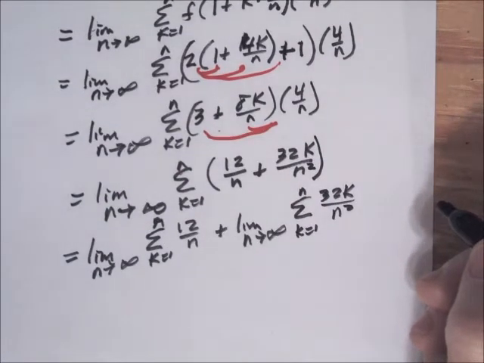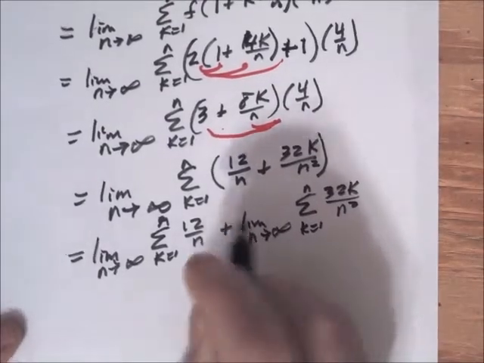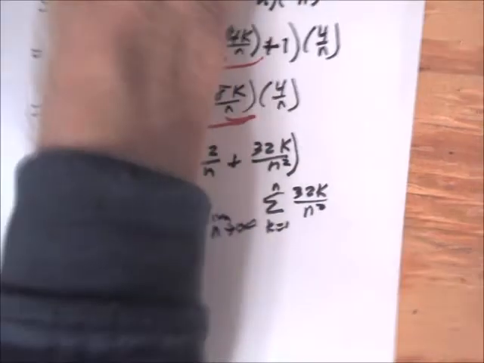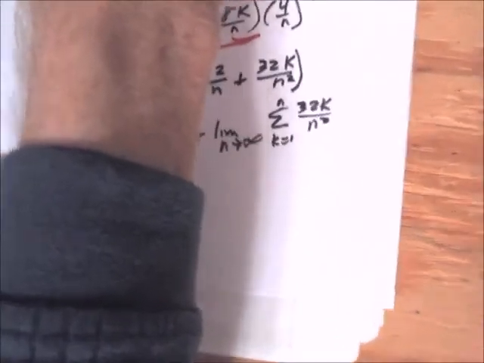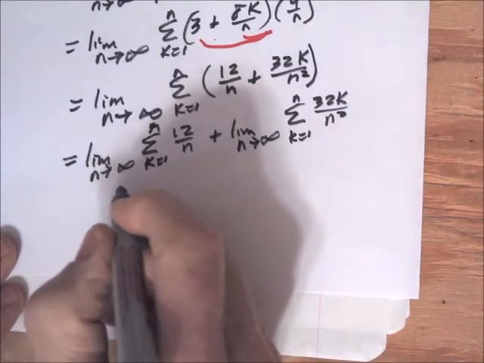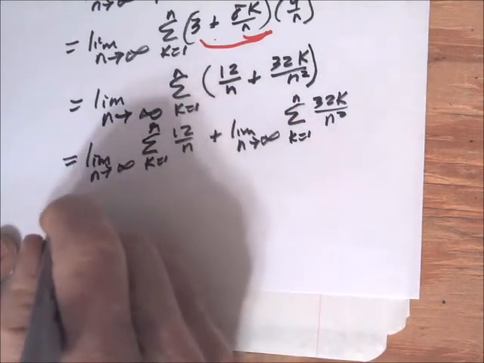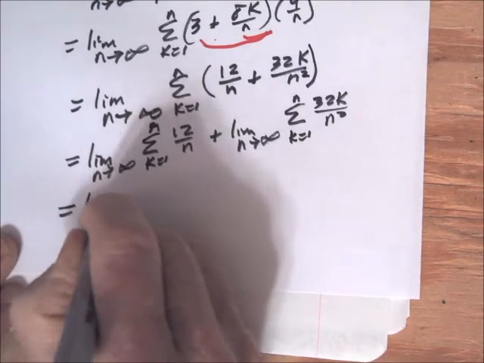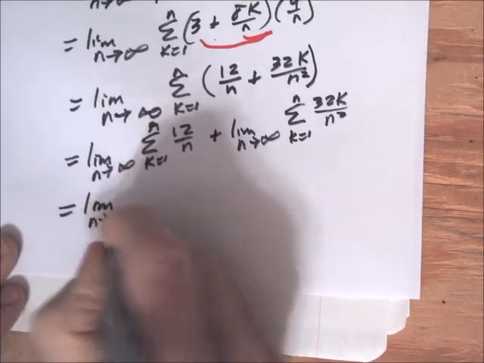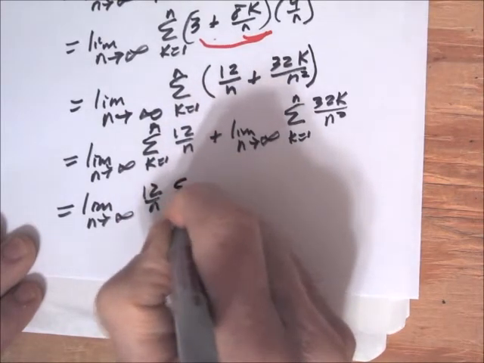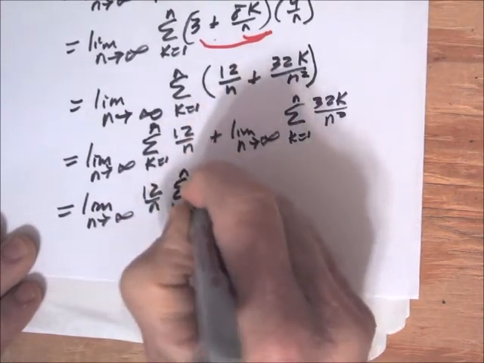Okay, so this first sum does not have any k in it, so we can factor out the 12 over n. It'll still be within the limit. So the limit as n goes to infinity of 12 over n times the summation k equals 1 to n of 1.